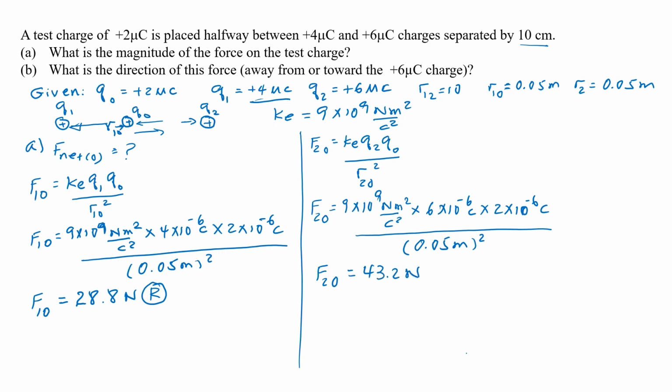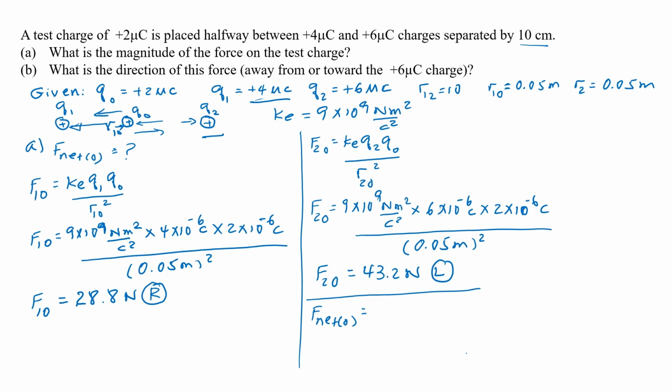newtons to the left. Again, because Q0 is positive, positive repels positive, therefore this is the force exerted by Q2 on Q0 to the left. Alright, so what is the net force going to be? F net on the test charge is going to be the difference between the two.